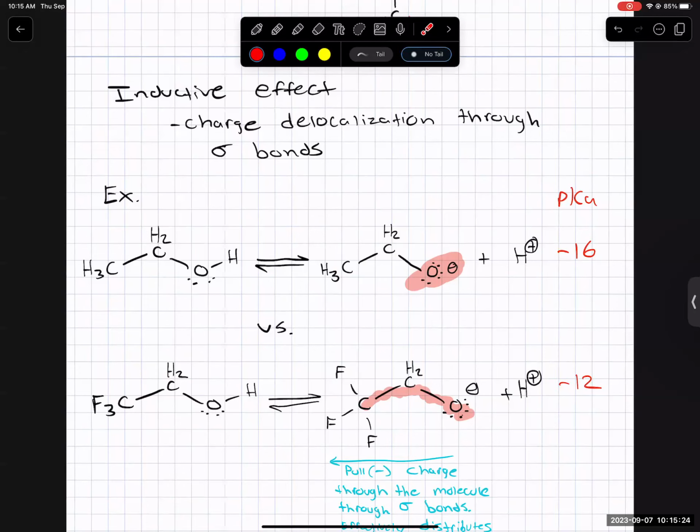And I highlighted what I would think the distribution of negative charge would be, because on the first example, we have all the negative charge localized onto that oxygen atom, right? On the second one, because of the inductive effect of fluorine, the most electronegative element on the periodic table, it pulls that negative charge throughout the molecule and you end up with something like this. So it delocalizes it over a greater area.